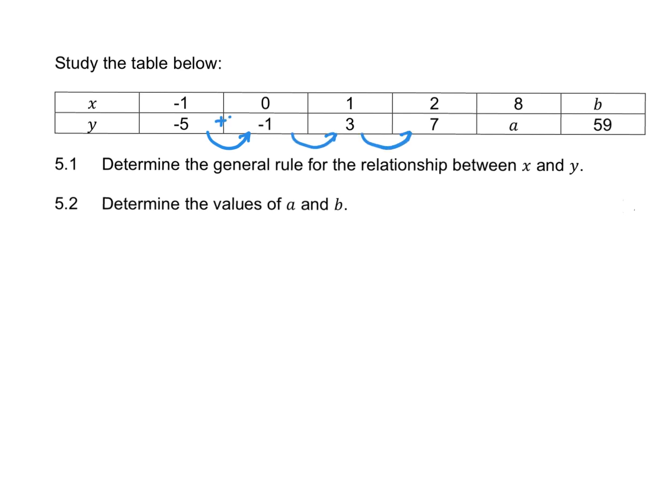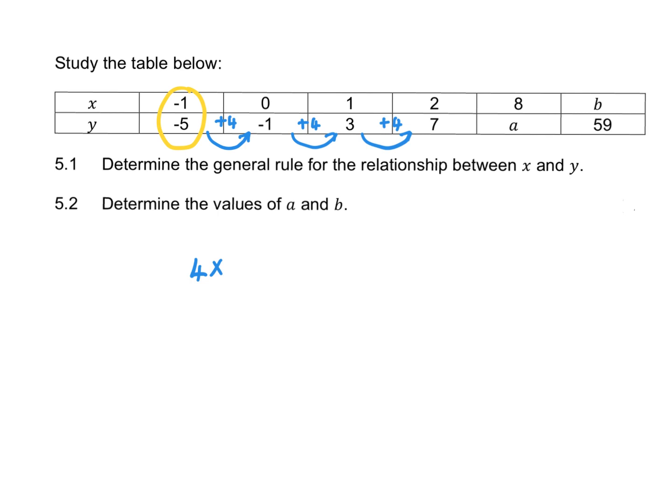Here I've added 4, here I've added 4, here I've added 4. So luckily I already know that in my formula, that means it's going to be 4 times something. Let's have a look at this first one over here. Let's circle that in yellow.